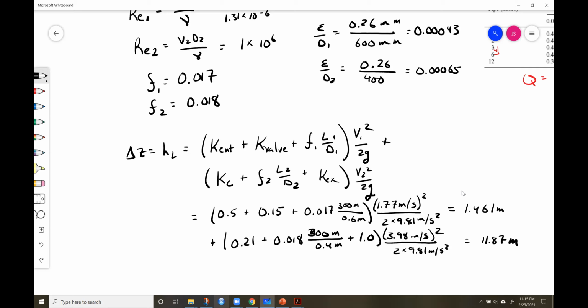So if we add everything up, multiply it by V squared over 2g, for pipe 1, I get about 1.46 meters of head loss, and for pipe 2, 11.87. So if I add those two together, we end up with delta z, which is equal to our head loss, should equal about 13.3 meters.